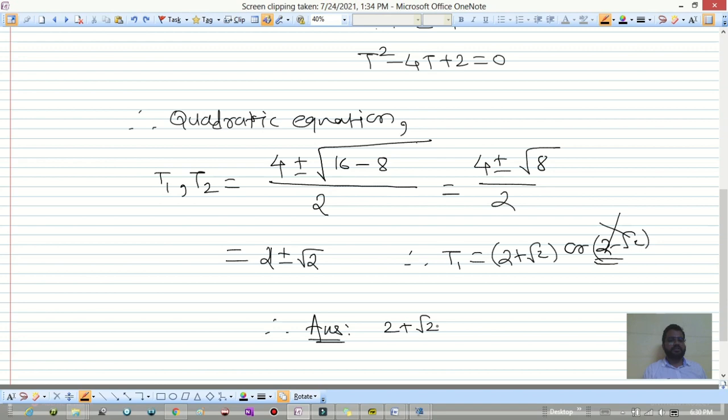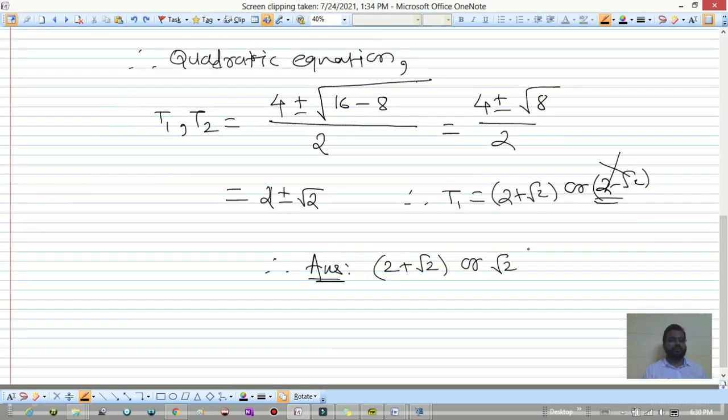So the answer for this is 2 plus root 2, or we can take root 2 common, root 2 in bracket root 2 plus 1, or just rationalize this: root 2 plus 1 into root 2 minus 1 divided by root 2 minus 1.